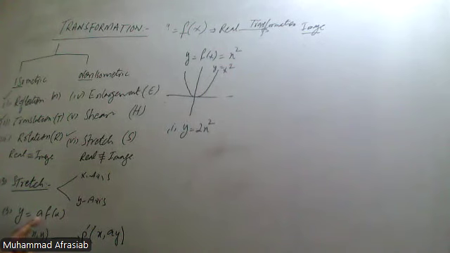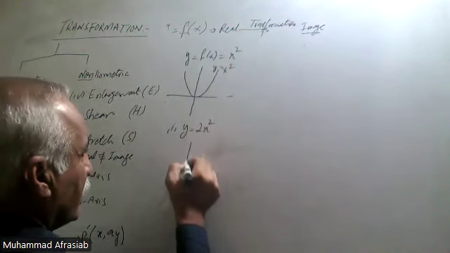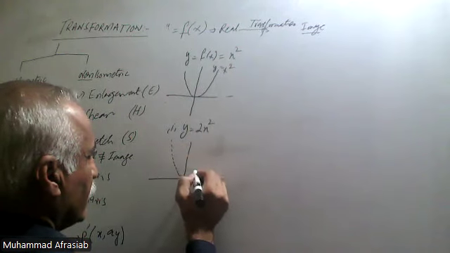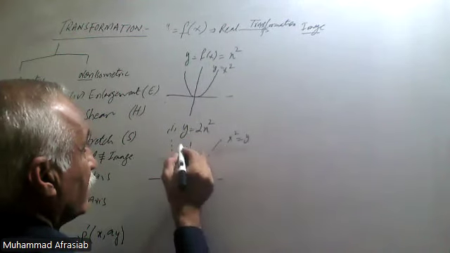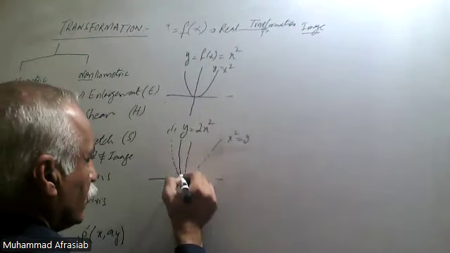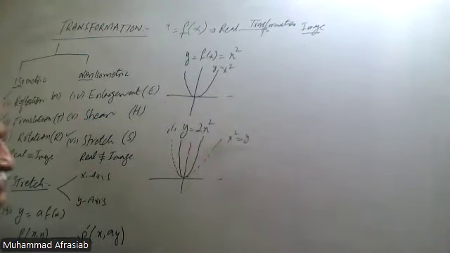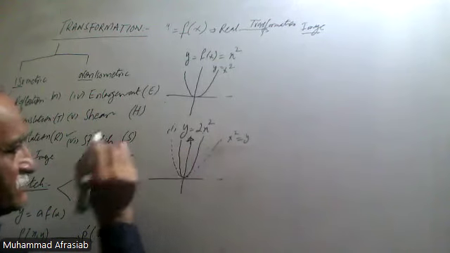So the values of y will be doubled, because the scale factor here is 2. So if y is equal to x square is this graph, then y is equal to 2x square is the graph of this. So it is the stretching due to the y-axis.